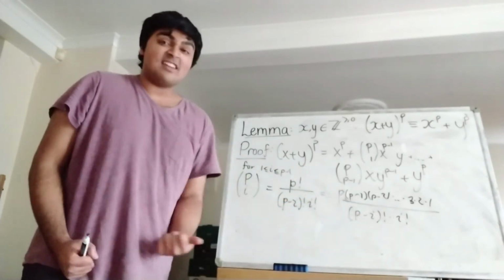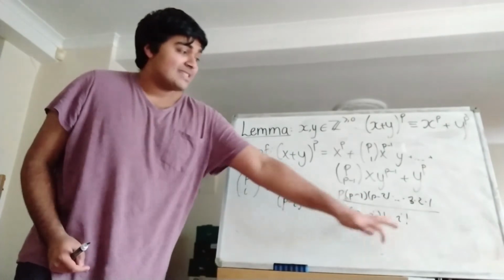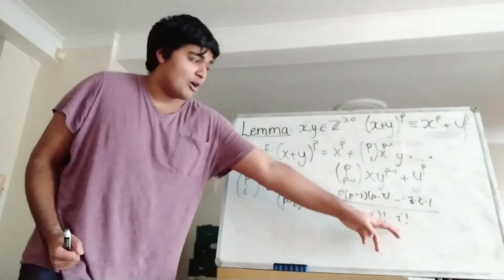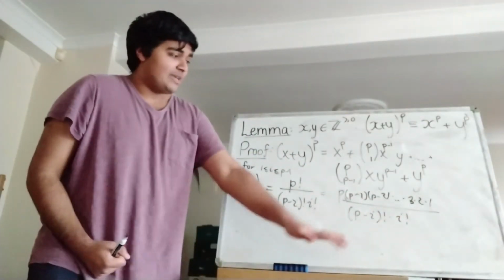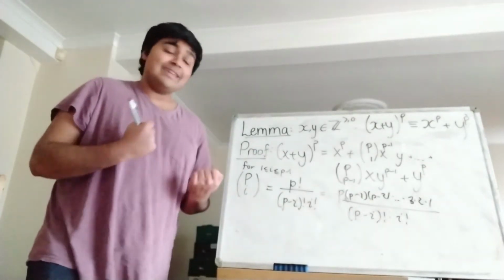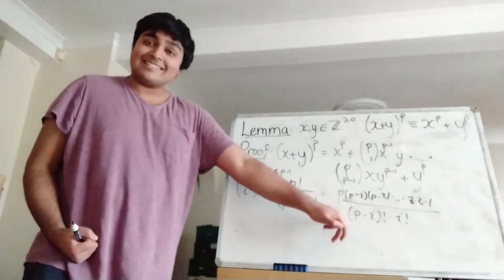So when I expand (p minus i) factorial out, that's not going to have a prime factor of p. Similarly, because i is less than or equal to p minus 1, the same argument applies. When I expand that out, that's not going to contain a prime factor of p. So if I look at the prime factorization of the bottom, there's not going to be a p involved whatsoever. But because I've got a p on the top, there's nothing to cancel out on the bottom.